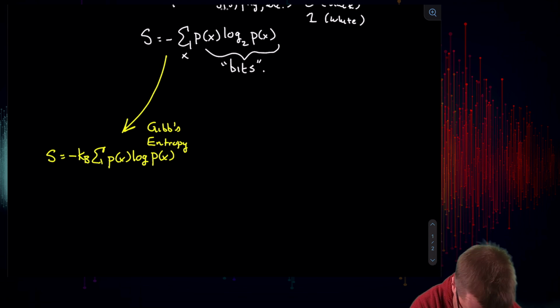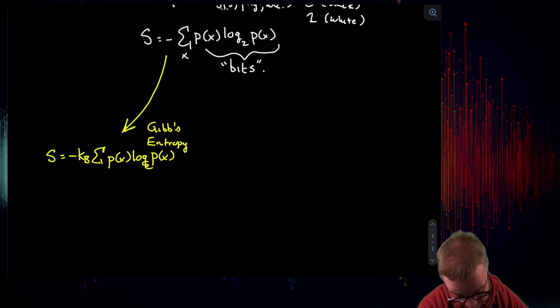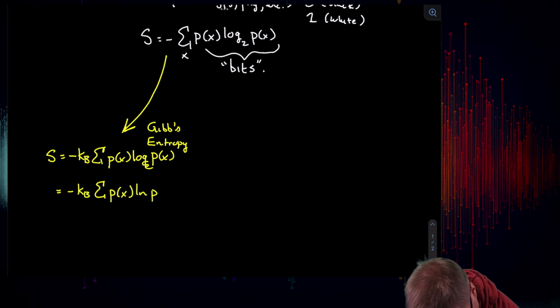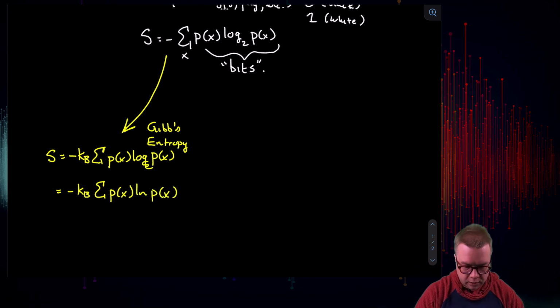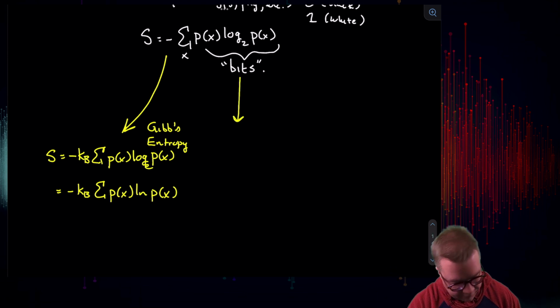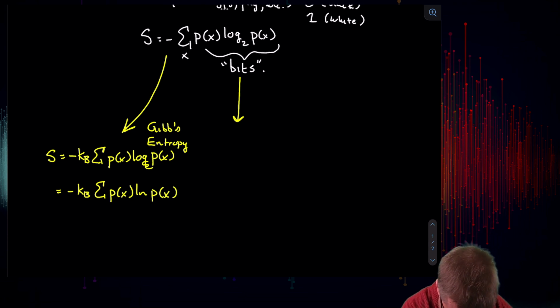One common thing that we would do here for the Gibbs entropy is we would take the log base E of that probability, which would give us an expression that looks a little bit maybe more familiar. We would have log P of X. Okay, so that's a special case of the Shannon entropy. Another case of the Shannon entropy can be used for quantum systems. Okay, so for quantum mechanics.